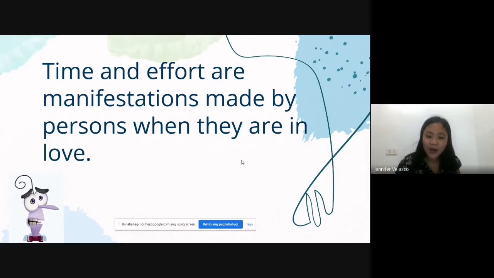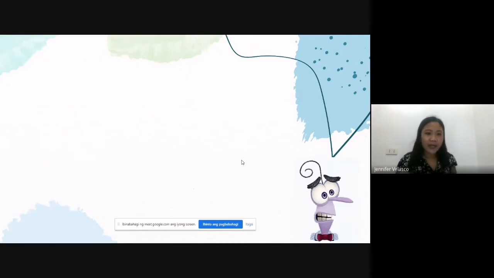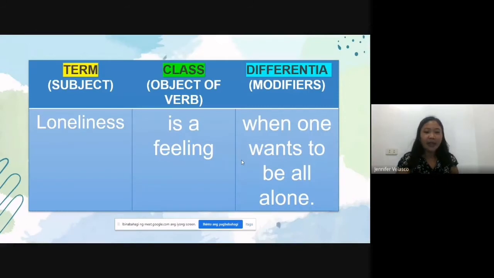A while ago, I'll go back to our sample for you to be clear. So again, my sentence a while ago is: loneliness is a feeling. The partition of the sentence: loneliness is the subject. It is in the beginning. And sometimes we could have two subjects.